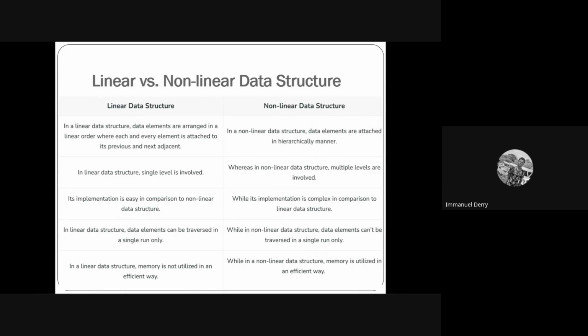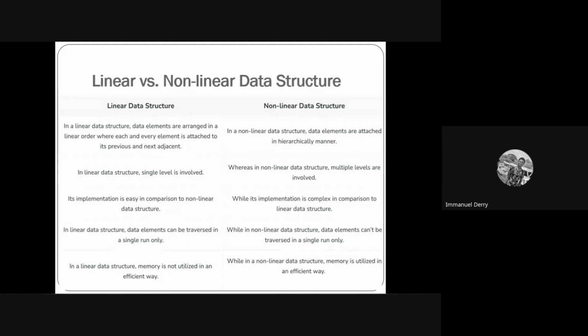However, in non-linear data structures, data elements are attached in a hierarchical manner, from one to the next in that particular order. In a linear data structure, there's only a single level involved. But when we move to the non-linear data structure, there are multiple levels involved.